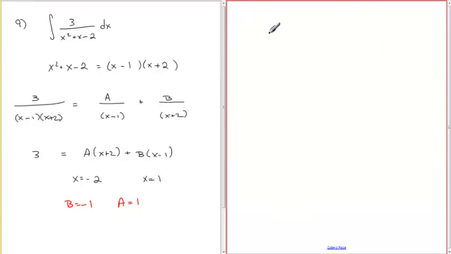So our original integral now becomes the integral of A, which is 1, divided by x minus 1 dx. And then B is negative, so we'll have negative the integral of 1 over x plus 2 dx.